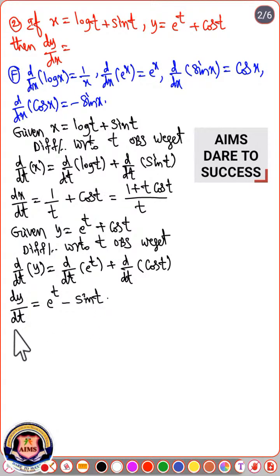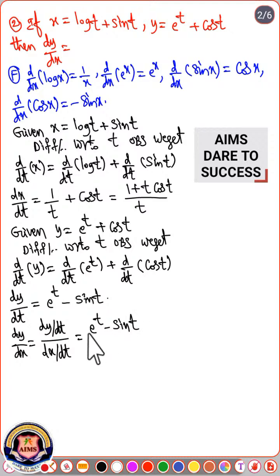So next we want to find the dy by dx value. First of all, dy related we are having dy by dt, dx related we are having dx by dt. Okay, my dears, dy by dt value is e power t minus sin t whole, divided by dx by dt value is 1 plus t cos t by t.